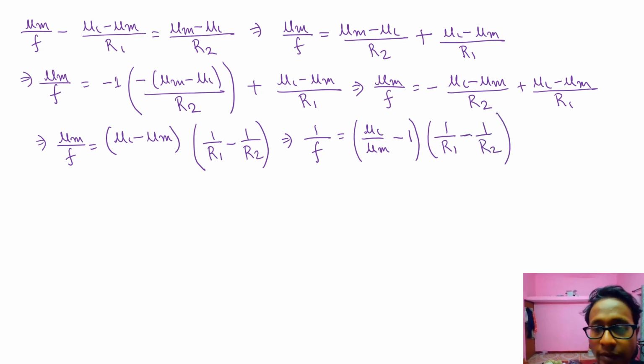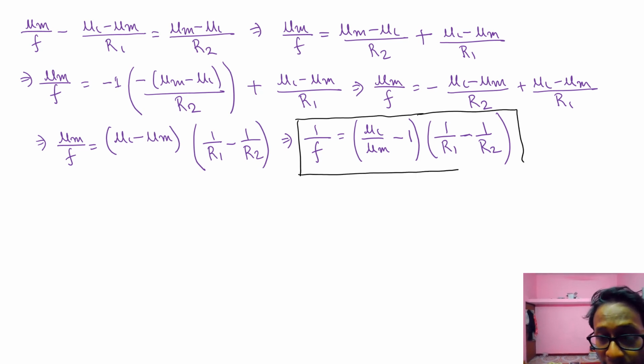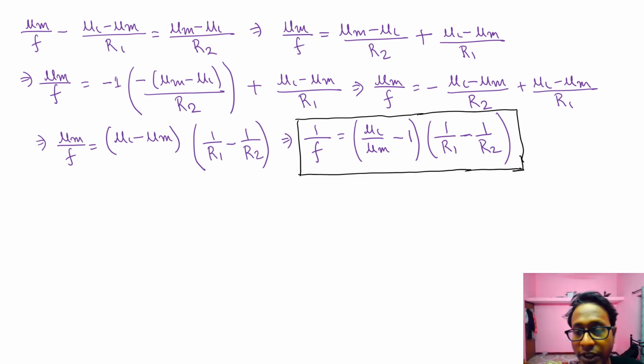This is the focal length of a lens. What I have derived here is the Lensmaker formula. The thing to remember in the Lensmaker formula is to always use sign convention.